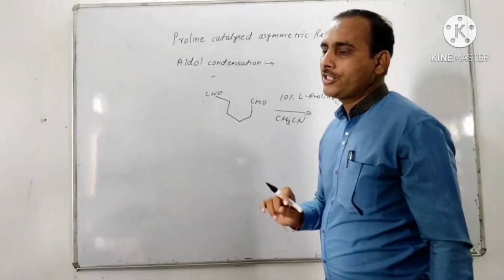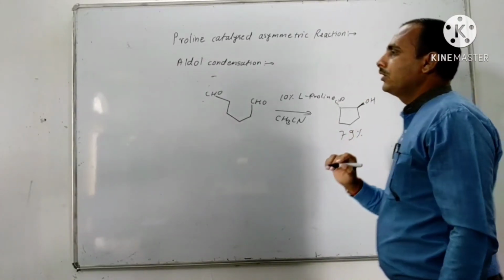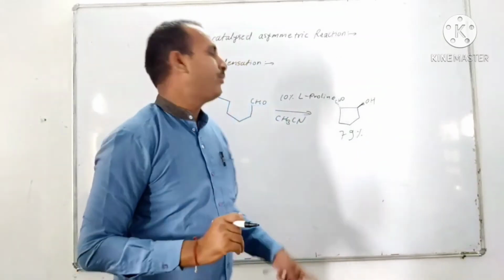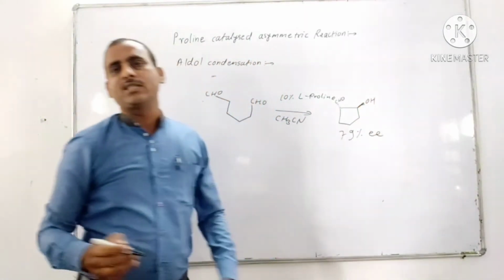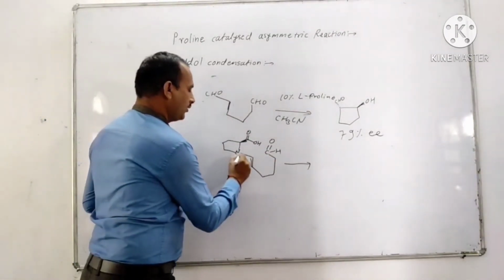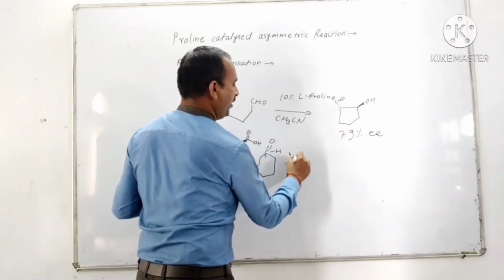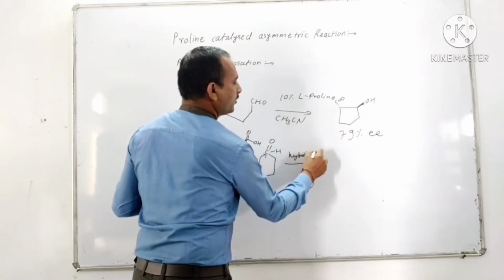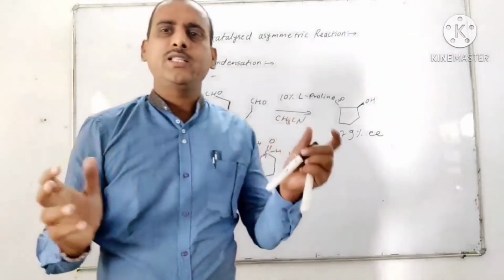So this stereoselective enantiomer is obtained with 79% enantiomeric excess. The enamine is formed, and this enamine attacks the carbonyl to form such a product on hydrolysis. So 79% ee is obtained. Okay, let's stop here.